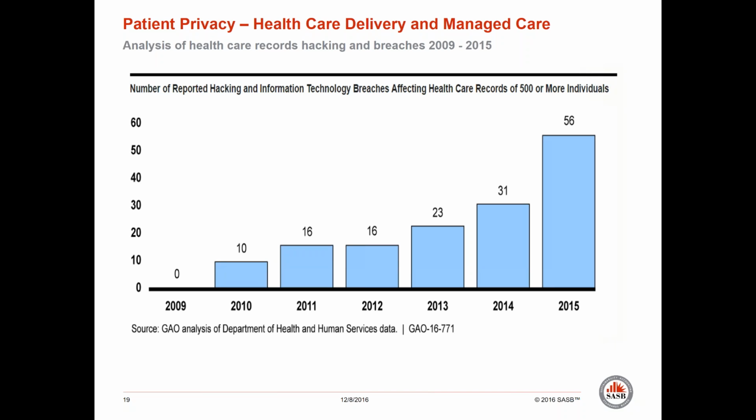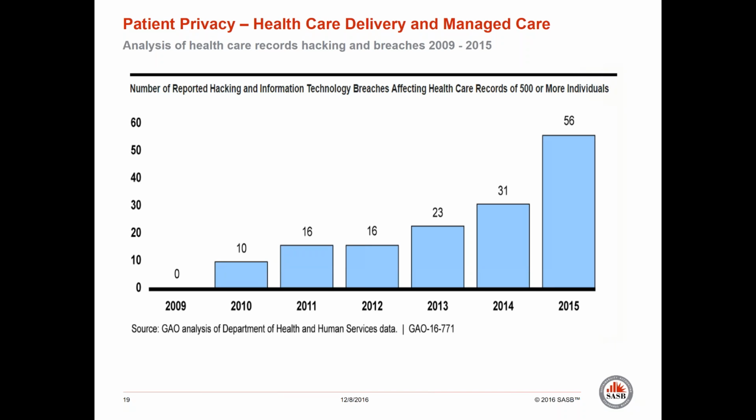And of course, SASB's mission is to get to the point where we have comparable data across different companies within an industry on specific issues. So this is an interesting slide that comes from government analysis on the idea of data privacy and security in both managed care and healthcare delivery.